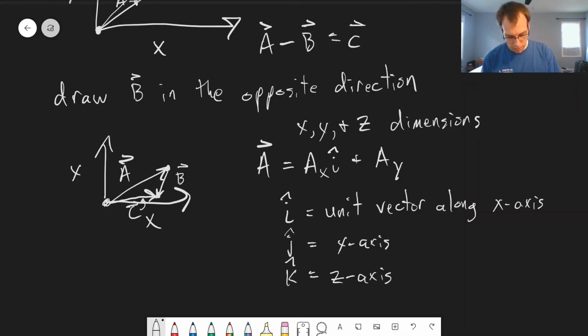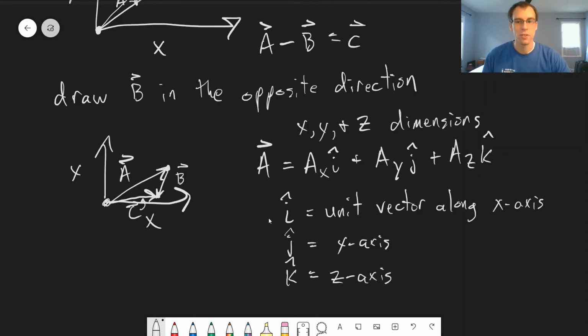So we'll have the magnitude of A along the y-axis times the j unit vector, and the same for the z-axis. We'll have the k unit vector. And this allows us to represent our vector in a little bit easier way. We'll often leave off the unit vectors explicitly, but just write ax comma ay comma az to represent our vector. And this gives us a different way to add vectors.